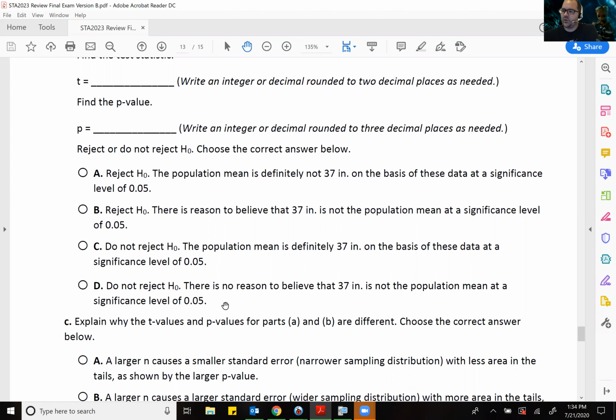There is no reason to believe that 37 inches is not the population mean at a significance level of 0.05.